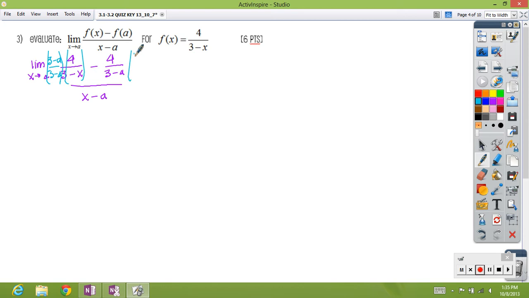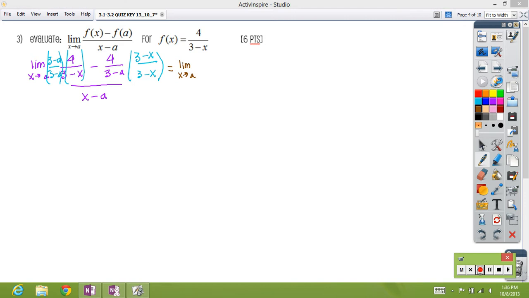And then this one by 3 minus x over 3 minus x. Alright, so next step here, let's go to the right, would be the limit as x goes to a. The numerator would be this part first, right here.